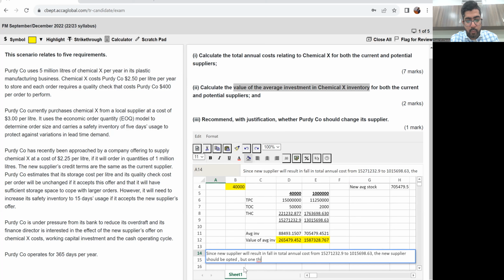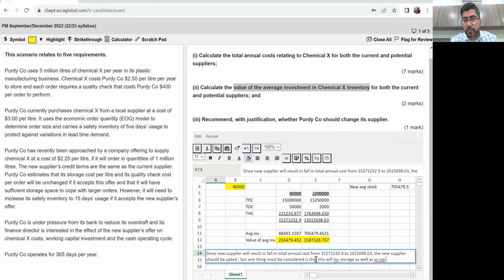but one thing must be considered, is that this will increase storage as well as working capital because you need to keep more inventory now.